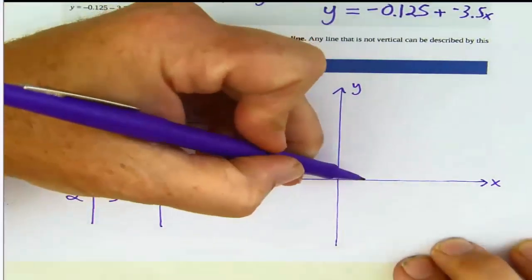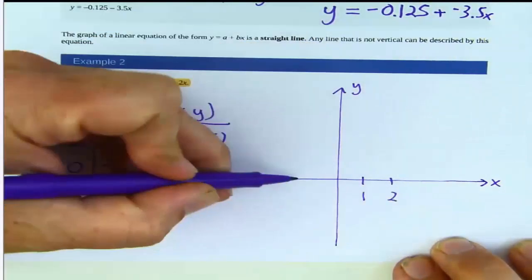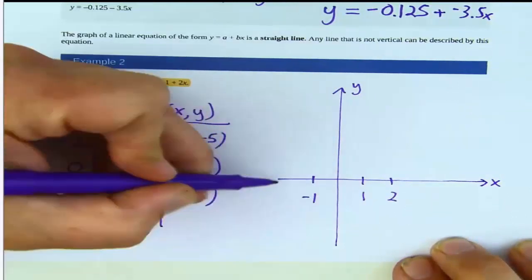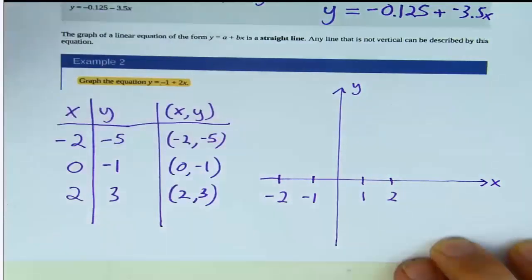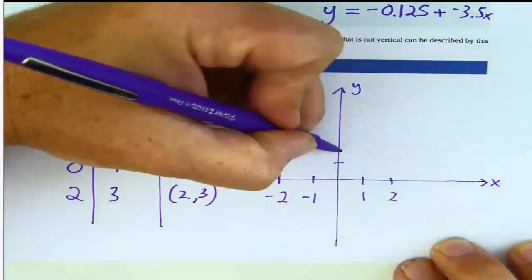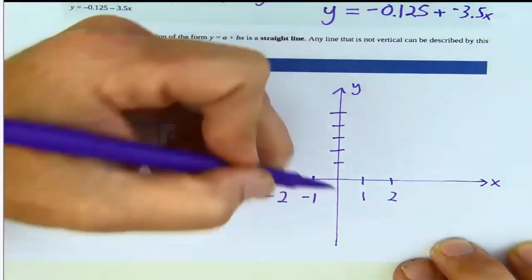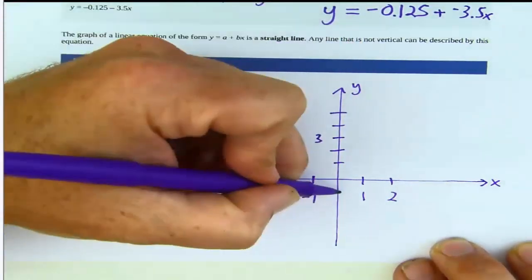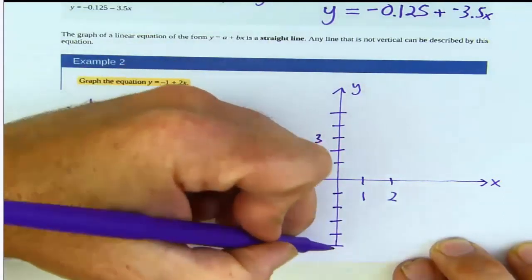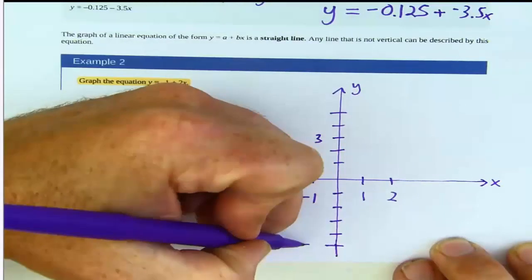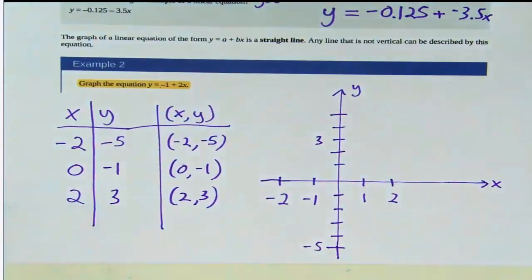So let's say that this is 1 on the x-axis, that's 2, and so on, minus 1 over here, and negative 2. Okay, so that's probably good enough.